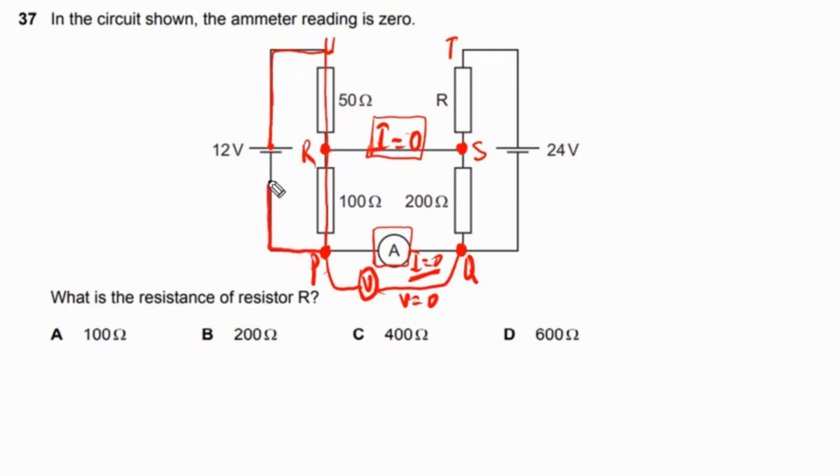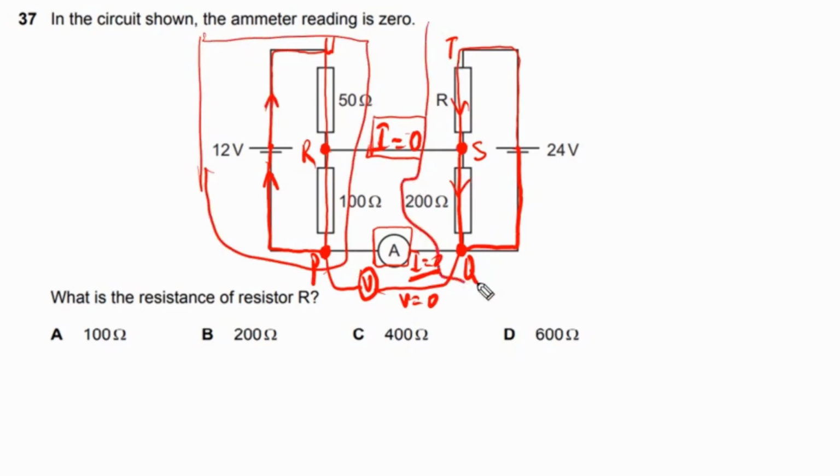Current will flow like this, as you can see. So this is one circuit. We can treat this one as one separate circuit, and in this circuit current will flow like this. So this is another circuit. So we have two different circuits now. So here is one circuit and here is another circuit.